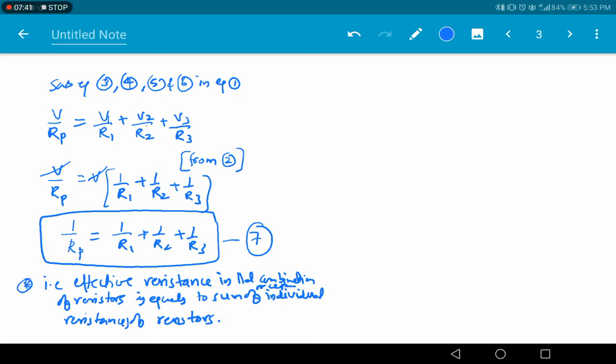After deriving this, 1 by Rp equals 1 by R1 plus 1 by R2 plus 1 by R3, we should write the statement compulsory.